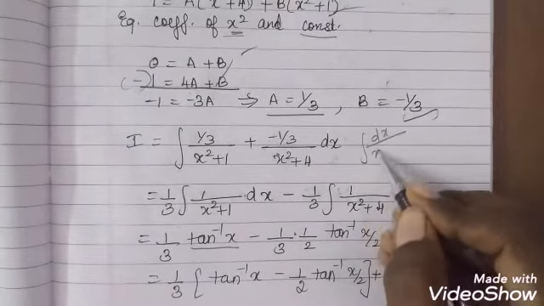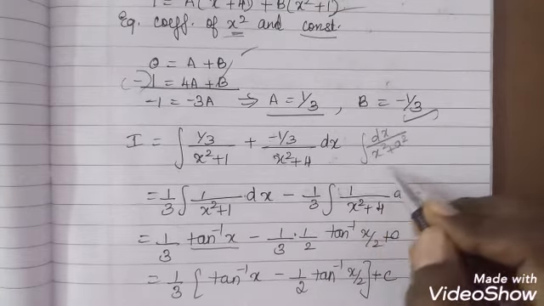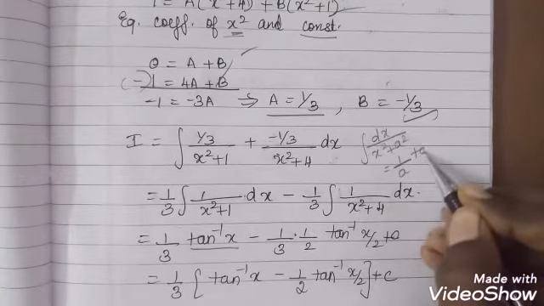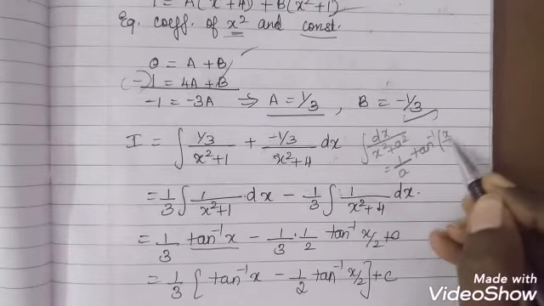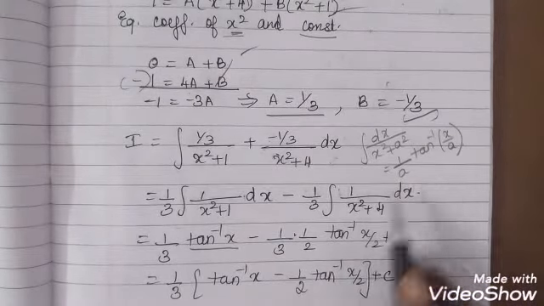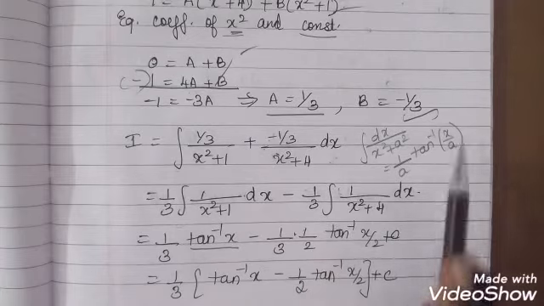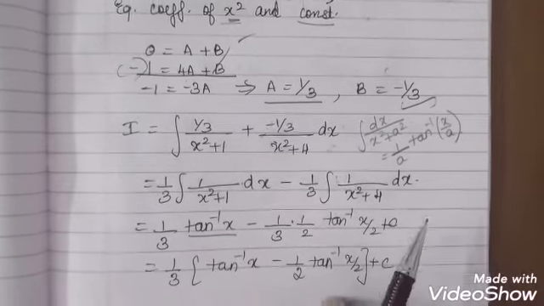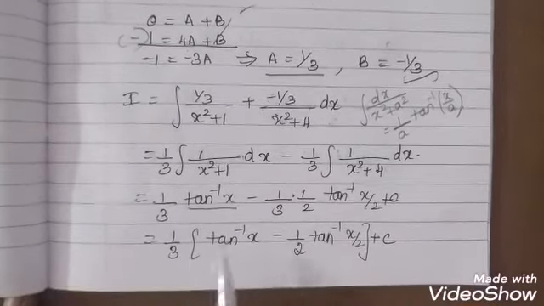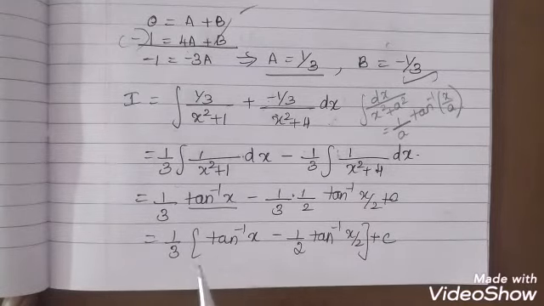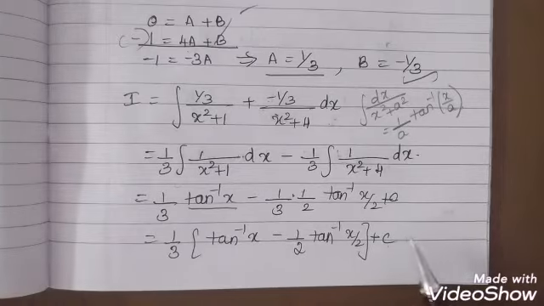Integral of dx divided by (x squared plus a squared) is 1 by a into tan inverse of x by a. So it's 1 by 2 into tan inverse of x by 2 plus a constant. I take this 1 by 3 outside, and you are left with 1 by 3 into [tan inverse of x minus 1 by 2 into tan inverse of x by 2] plus a constant.